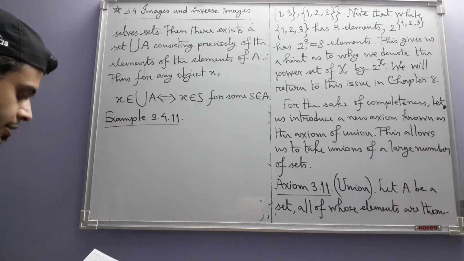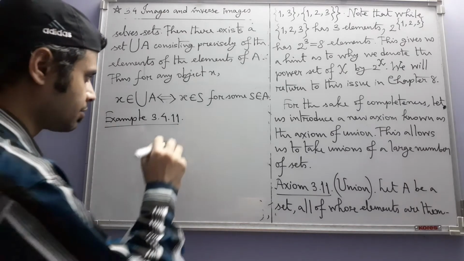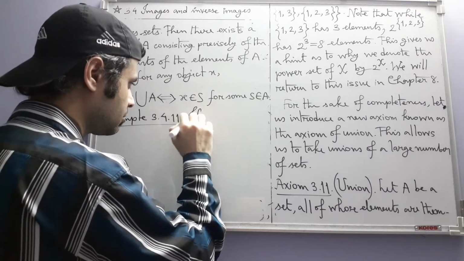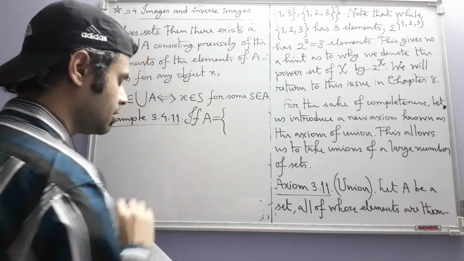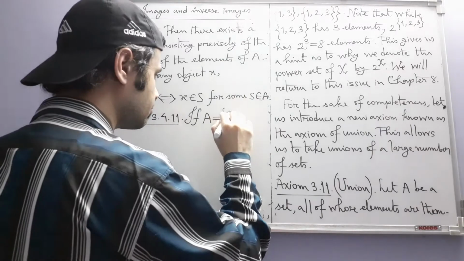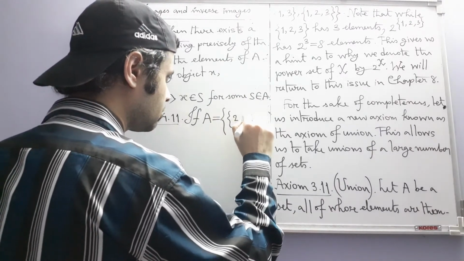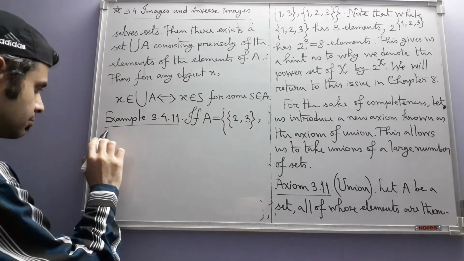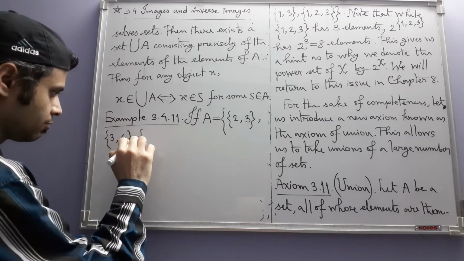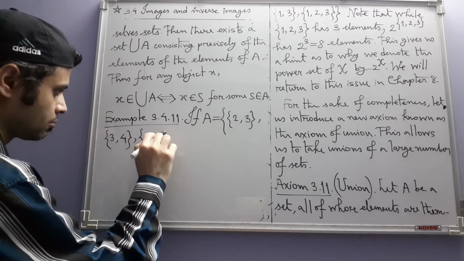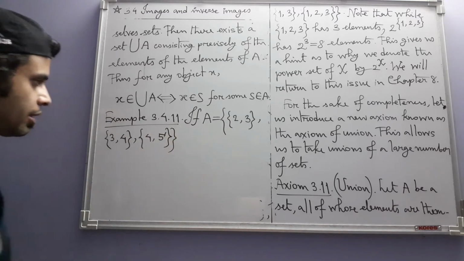We can take any example, but let us just take the one Tao has taken. If A is equal to {3, 5}, {2, 3}, {3, 4} and {4, 5}.